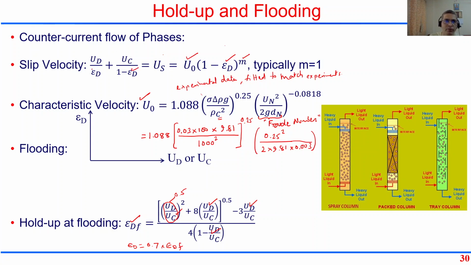The only unknown is ud and uc. Either we can substitute for ud into uc or uc into ud, whichever way you want, because the ratio ud by uc equal to 0.5 we know, and then we can calculate the uc required or the ud required. We will see all these calculations when we start coming to one full equipment design. But let's go forward now.